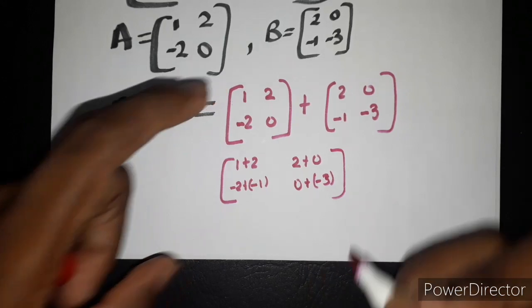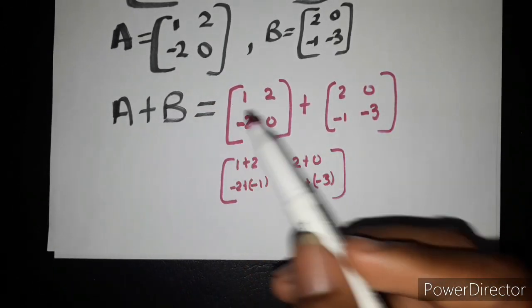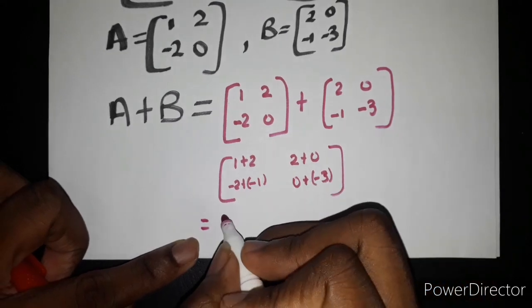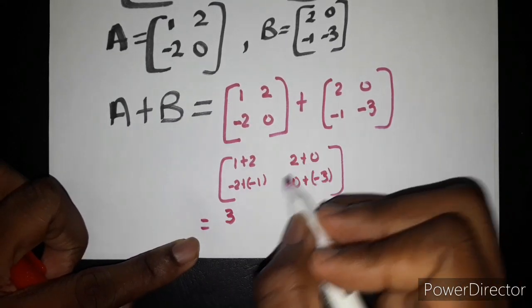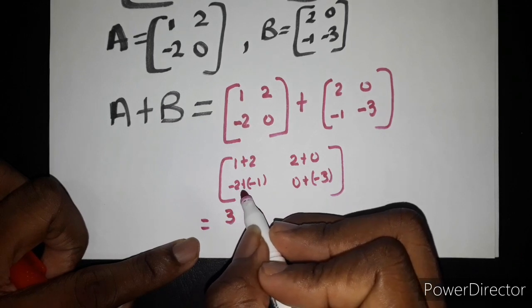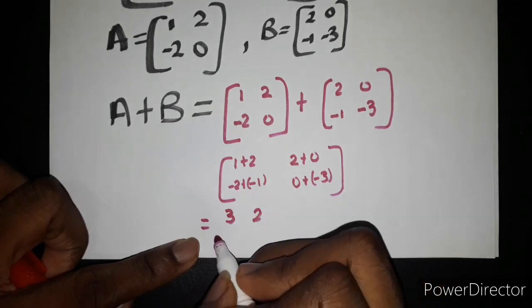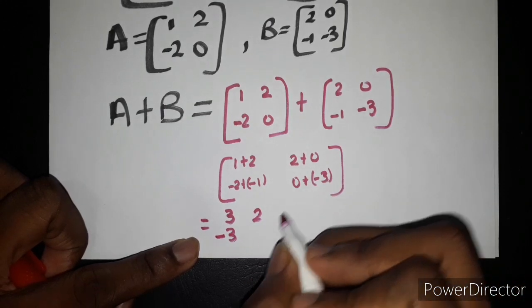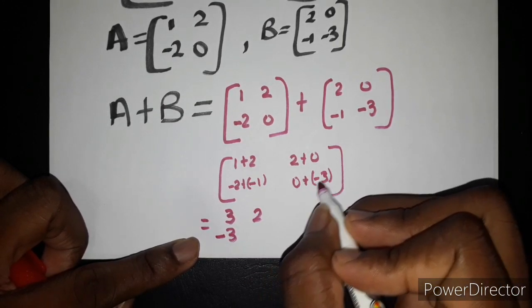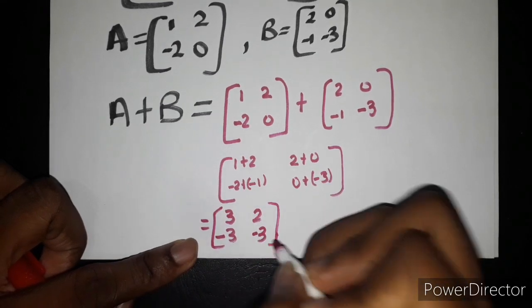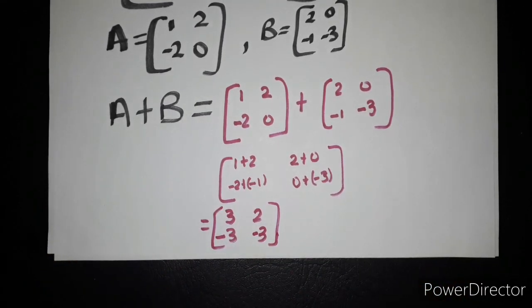As simple as that. You add the corresponding elements, and then we just work it out, and that is the answer. 1 plus 2 will give you 3. 2 plus 0 will give you 2. Negative 2 plus negative 1 will give you negative 3. And 0 plus negative 3, just like 0 minus 3, will give you negative 3. And that is the answer for A plus B, as simple as that.